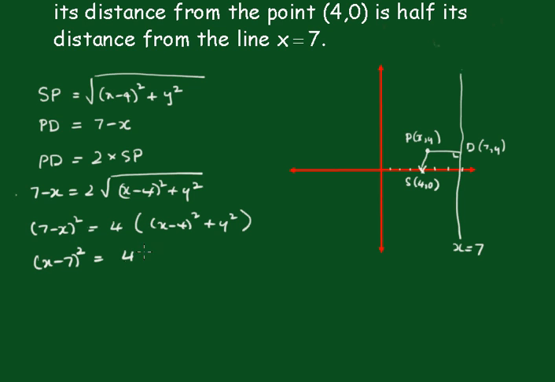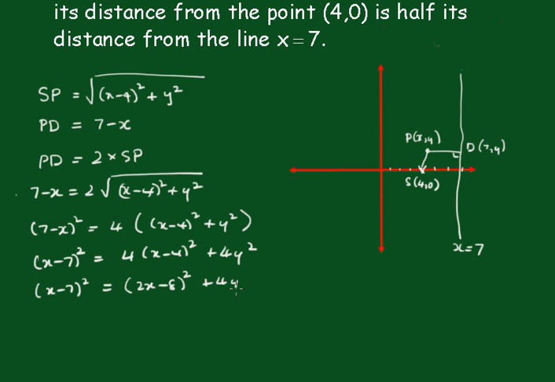Now I'll write this as 4 into (x minus 4) all squared plus 4y squared. Again to make the algebra easier to work with, I'm going to take that 4 inside, but to do that I'll have to change that to a 2. So that will be a (2x minus 8) all squared. You see that? If I take out a common factor of 2, I'll have to square it to make it a 4 to get it out again.